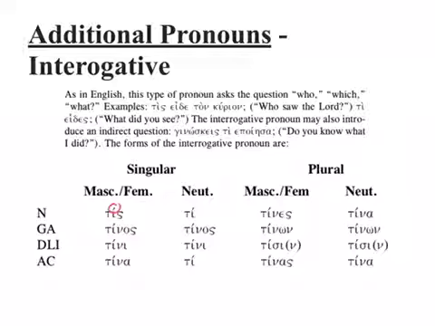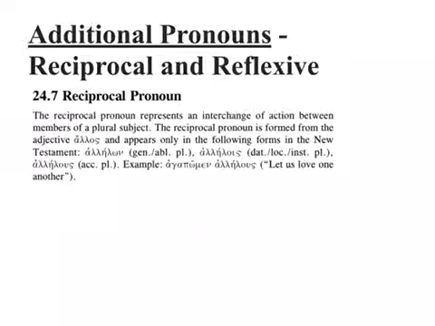But the interrogative, which has accents, is basically asking a question like what, why, which. Who is this? What did they see? Why? And so on. I'm just going through them now because I'm not expecting you to know it all.